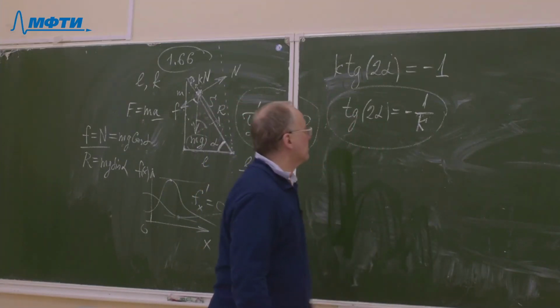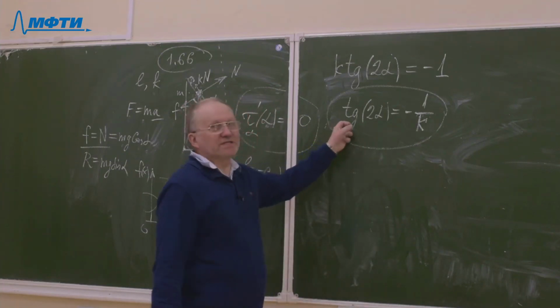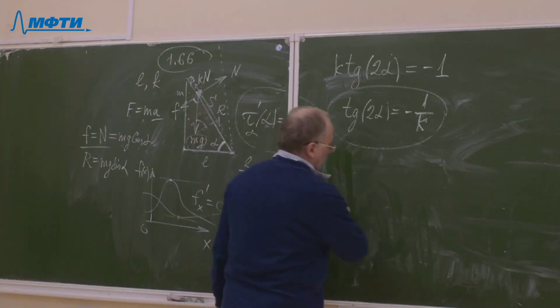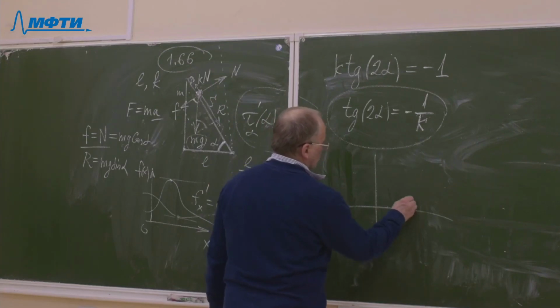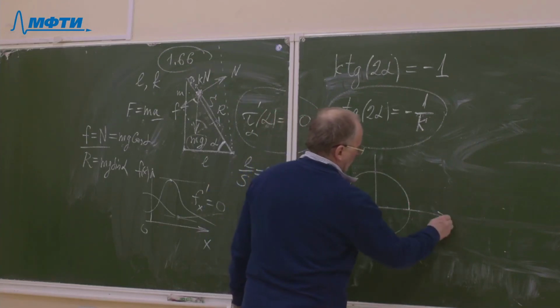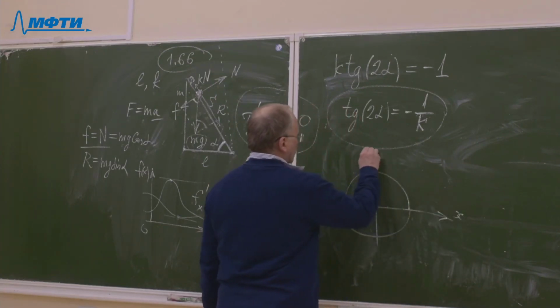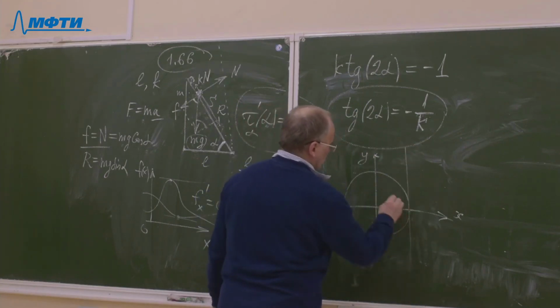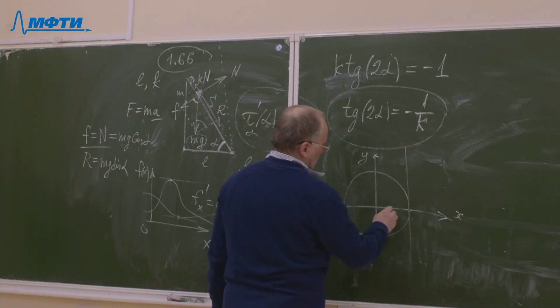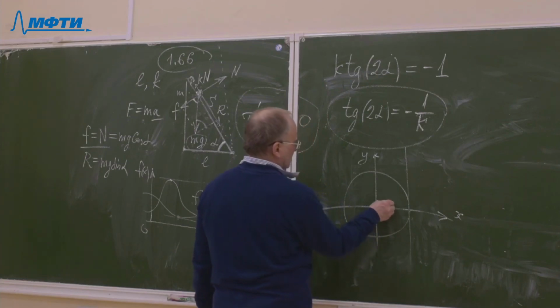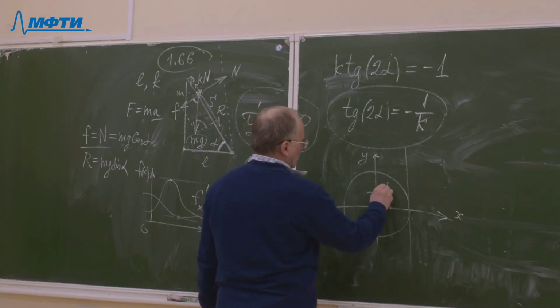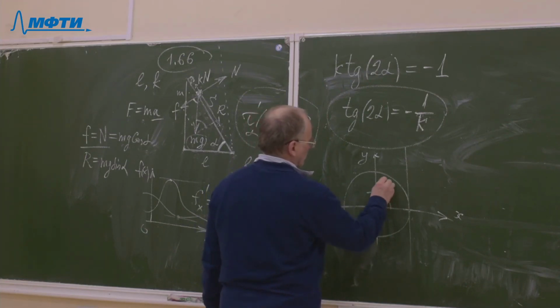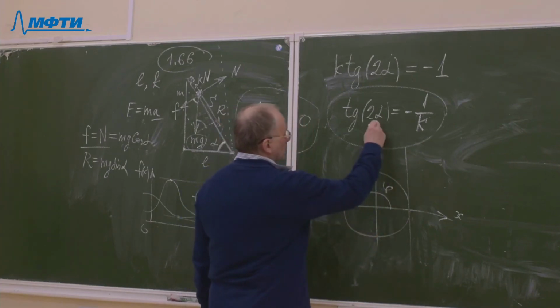We have just to recall what is tangent. If we draw a unit circle, this is x and this is y, then tangent of alpha. So if you have some angle, let it be phi, to be not associated with this alpha.